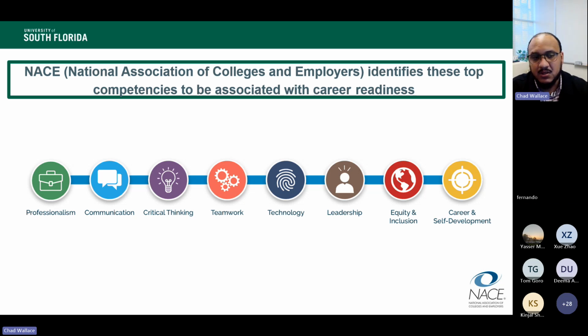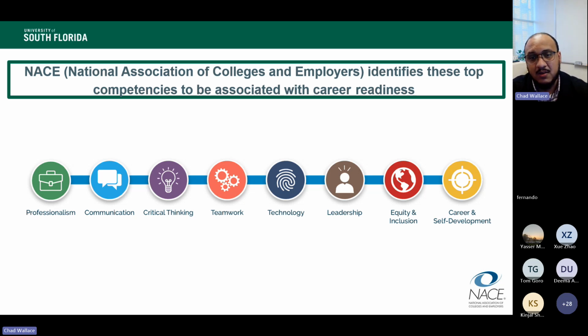They came up with these 8 competencies: professionalism, communication, critical thinking, teamwork, technology, leadership, equity and inclusion, and last but not least, career and self-development. These are the 8 competencies they look for in a candidate, whether through their resume, cover letter, networking, or interviewing.